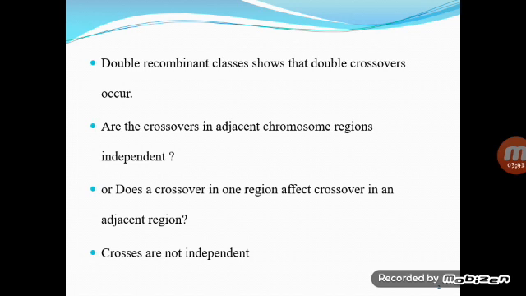According to the interference calculation formula, we can also define interference as a measure of independence of crossovers from each other, calculated by subtracting the coefficient of coincidence from 1.